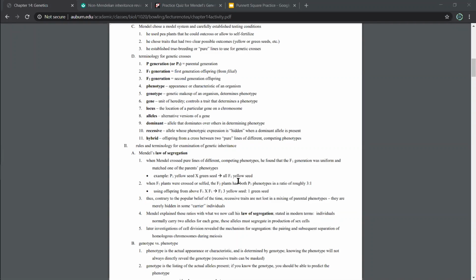Even if you have 100 copies of that blue allele, but you just have one copy of the brown eye gene, because that brown eye gene is dominant, that is what will show in the phenotype. The recessive would be the blue allele, and that phenotypic expression is hidden when there is a dominant allele.